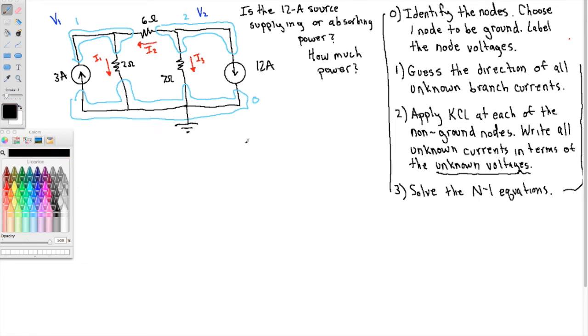Okay, now step 2, apply KCL at each of the non-ground nodes. So let's do KCL at node 1. I've got the 3 amps coming in. I also have I2 coming in. And I've got I1 leaving.